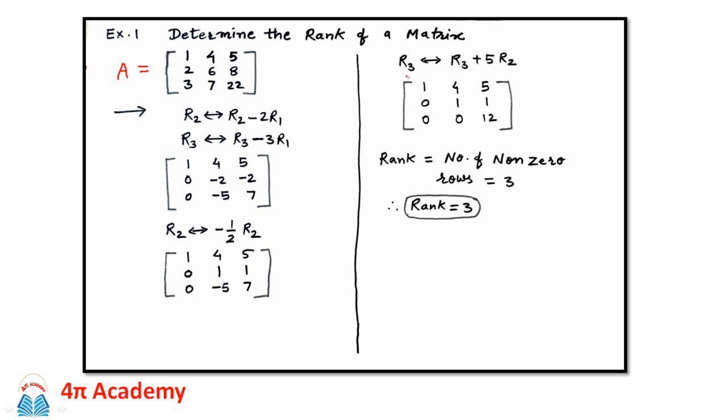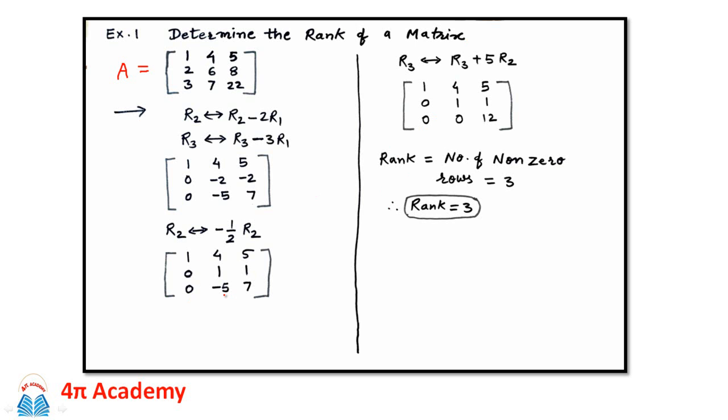Then we perform another operation on the third row, so that R3 is replaced by R3 plus 5 times R2. If I perform this row operation on this matrix, then R3 plus 5 times R2 gives again 0.